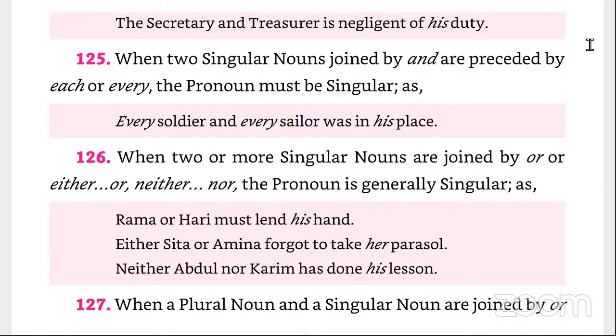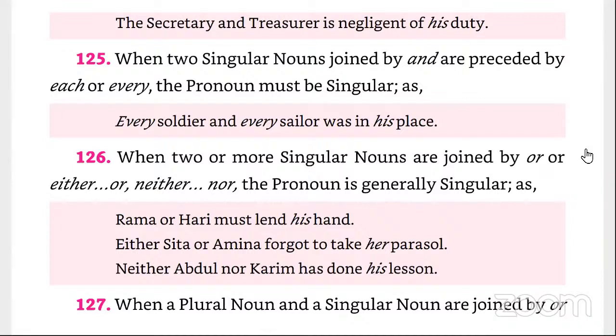That means secretary and treasurer are one individual. They're not two people. That is why we don't say their, we say his duty. But suppose the sentence had been the secretary and the treasurer. Then I refer to two people: one is a secretary, another is a treasurer. So there we have to use are negligent of their duty. Clear? Everybody understands the rule?